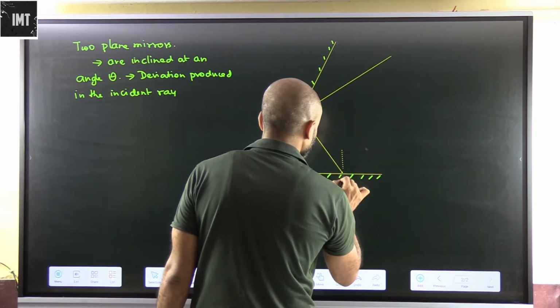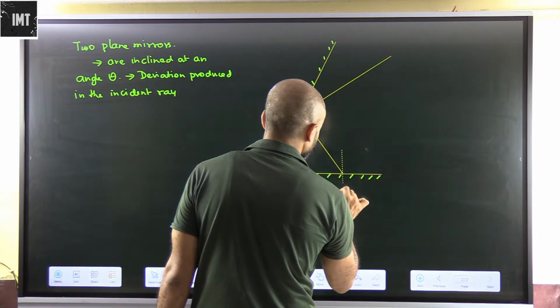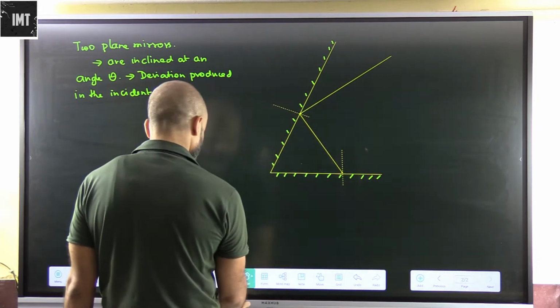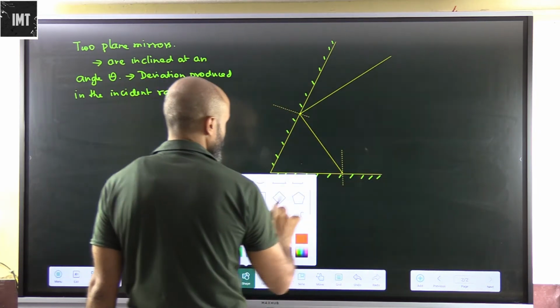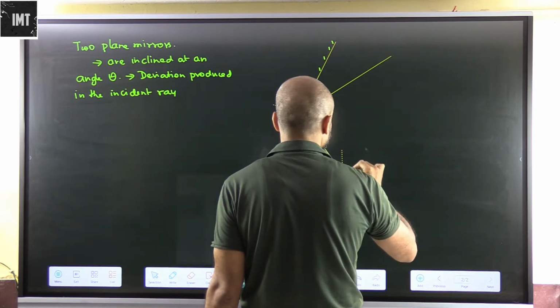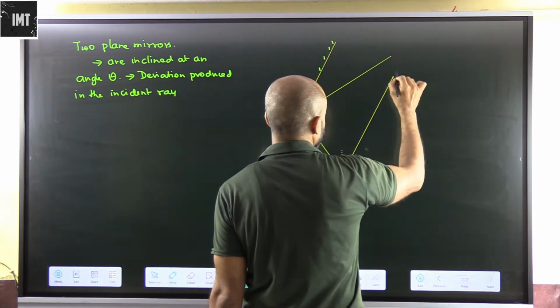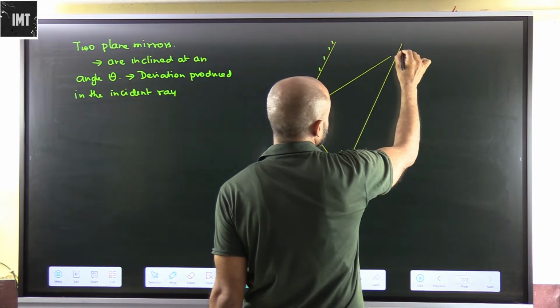Let's draw a normal at this point. If I draw a normal at this point, what I will have here is a reflected ray going somewhere in this direction.